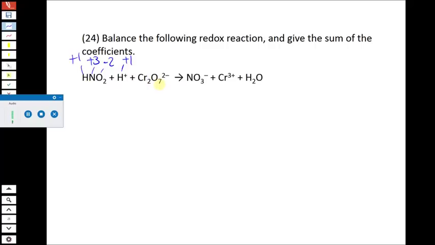Cr2O7 2-, which is called the dichromate anion, is probably the most complicated of the polyatomic ions that you need to know, but not necessarily for this problem. You don't need to know the name, but the formula is Cr2O7 2-. When you have polyatomic ions, the sum of the oxidation numbers has to equal the overall charge, not 0 in that case, but whatever the overall charge is. And so for Cr2O7 2-, we have -2 for the oxidation number on oxygen. We have 7 -2s, which is -14.